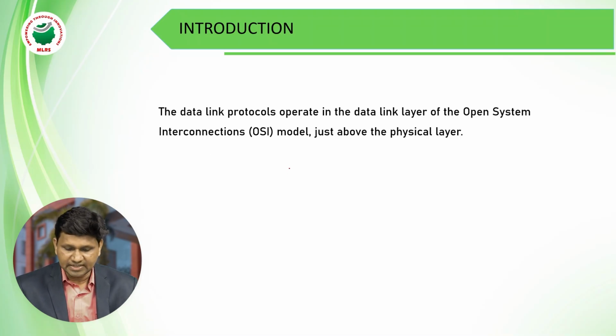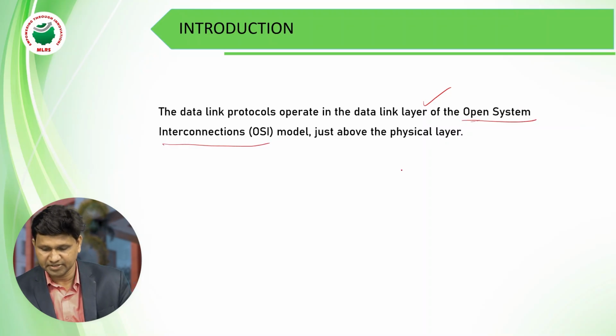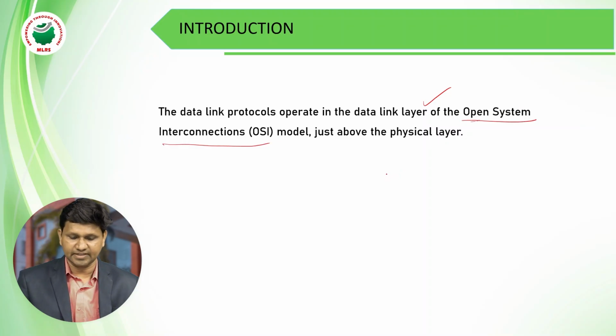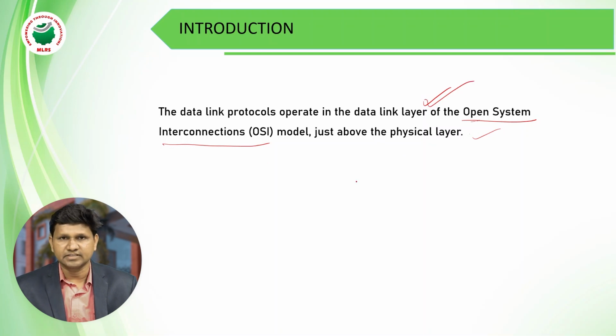Before going to discuss advanced computer networking topics, I want to give an introduction. The data link protocol operates in the data link layer of the OSI model, as we know, the Open Systems Interconnection model, just above the physical layer. Before discussing the data link layer protocol, I want to give the 7 layers available in computer networks.